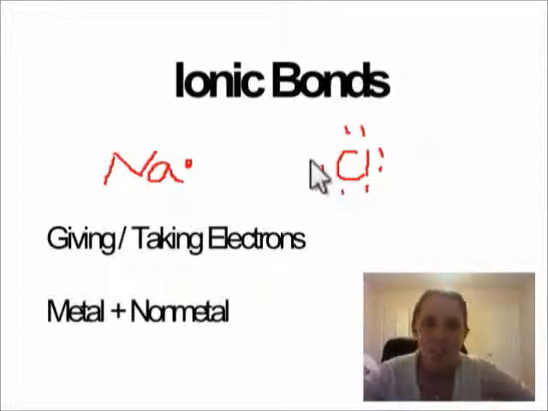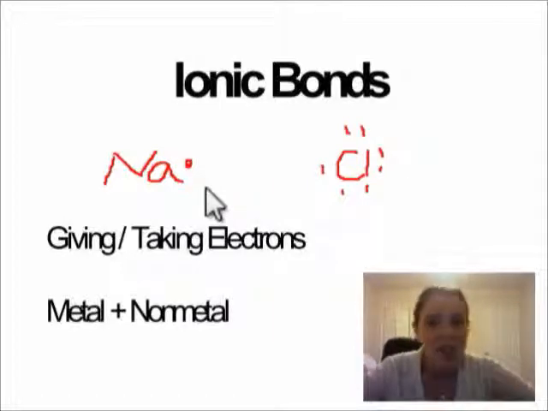Now these guys are going to be a good fit for each other, because here's what sodium's thinking. Sodium's thinking, man, I would need 7 more electrons to have a full valence shell. You know what would be a lot easier? I could just get rid of this one extra electron I have hanging out on the outside, and that way the shell that I have left will be complete.